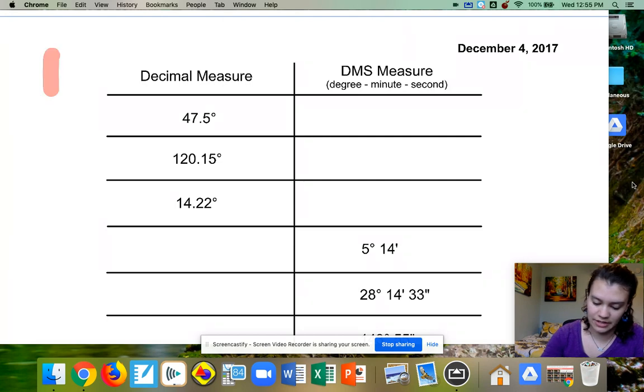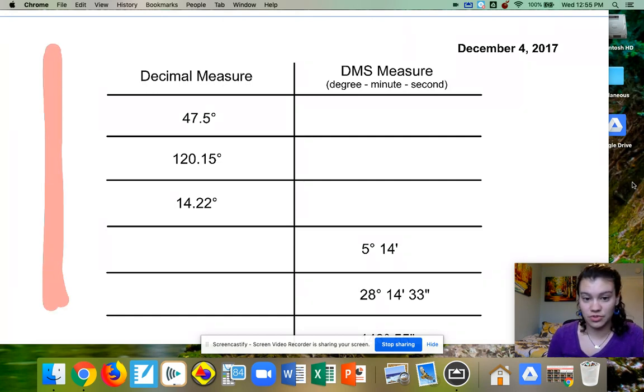So continuing on, this is still your optional information. You can convert between the two of these. So looking at this first one, we're going to get 47 degrees right off the bat because you have a 47 right here. So 47 degrees, and then we have to figure out how to get our 0.5 into minutes and seconds. So if you have half an hour, you can multiply by 60 to get 30 minutes.